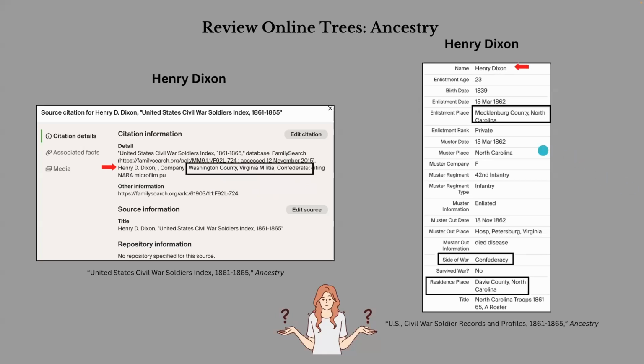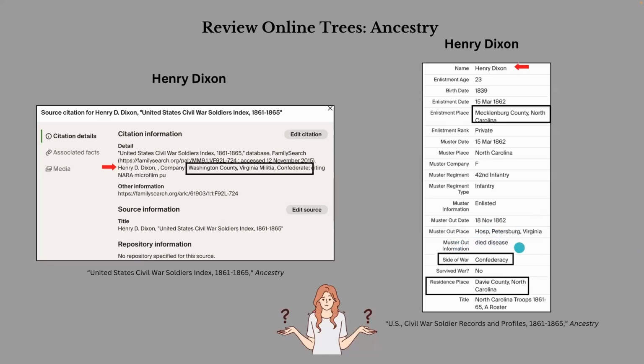The other Henry, this one over here, is listed in Mecklenburg County, North Carolina, where he enlisted, and that he resides in Daviess County, North Carolina. So the one on the right also states that Henry mustered in on 15th of March, 1862, which is when the troops assembled. So he enlisted and he was with the troops in 1862. But it also shows that he mustered out, which means he is discharged from the service on the 18th of November, 1862.